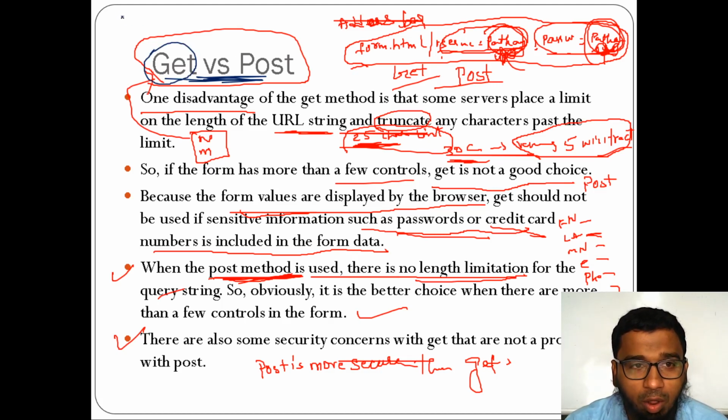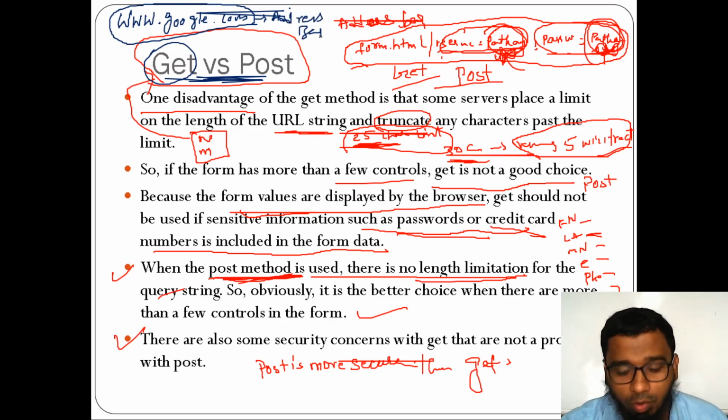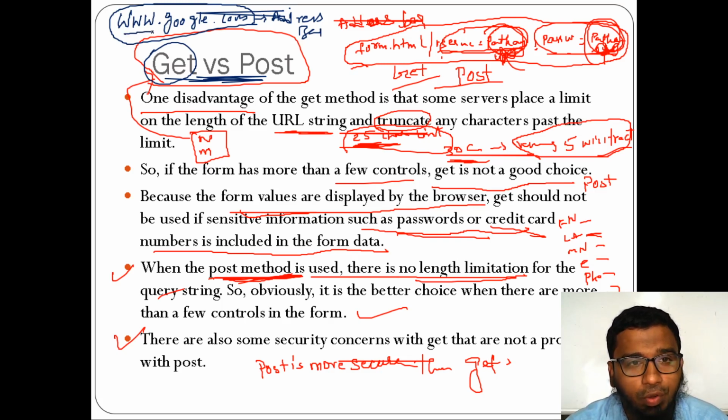What is the address bar? Where you will write, like www.google.com, that is called the address bar. Whatever you are going to write in the address bar, like www.google.com, is also called the URL.